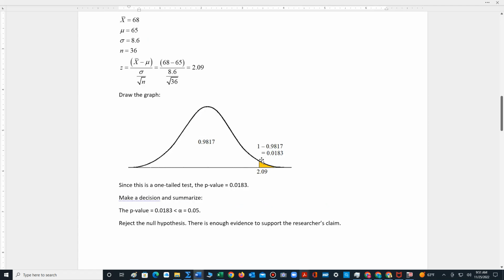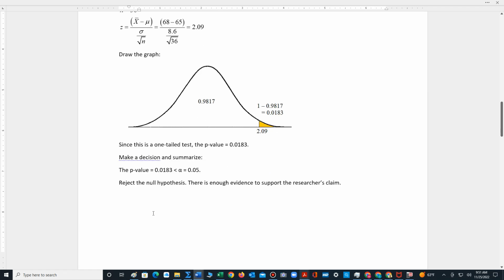But the p-value is computed using the tail area. So we take 1 minus 0.9817, 0.0183. And it turns out this is a one-tailed test. Therefore, this tail area is actually the p-value. So the p-value is 0.0183.